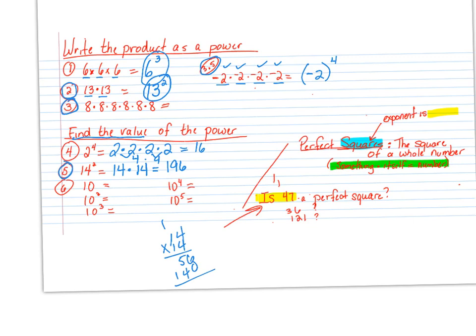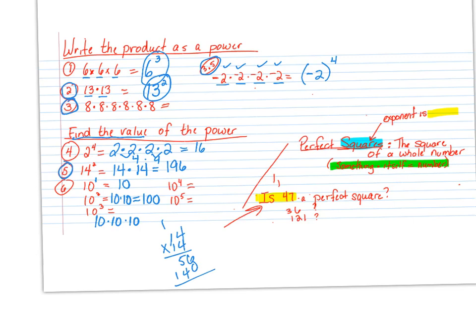Look at number 6. If you notice, 10 does not have an exponent on it. If you don't see the exponent, it's automatically a 1. 10 to the 1st power is just 10 times itself. Just 10. That's the answer. 10 squared, or 10 to the 2nd power, takes 10 times 10. These are mental math. That's 100. 10 to the 3rd power means take 10 times 10 times 10.